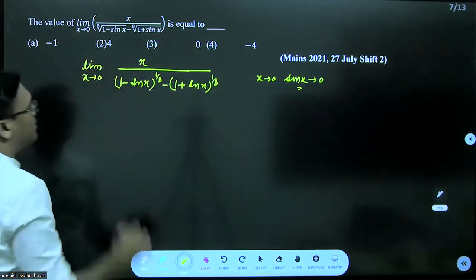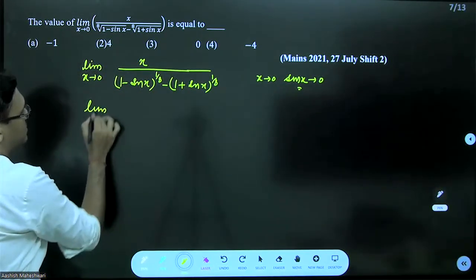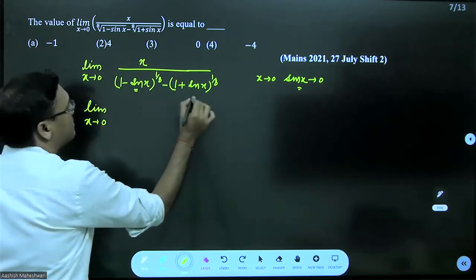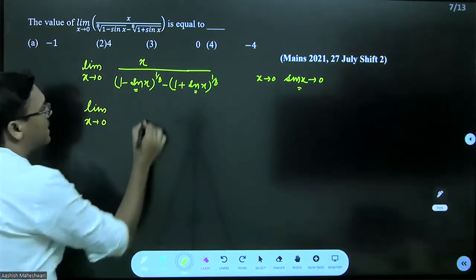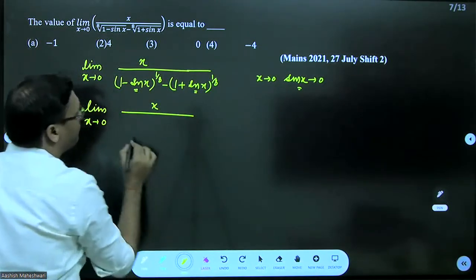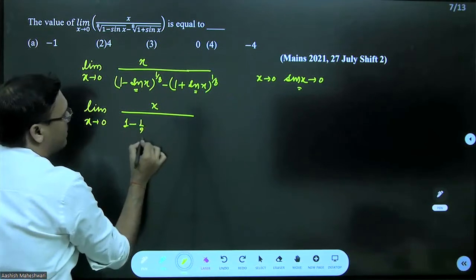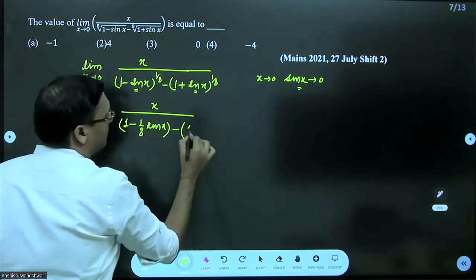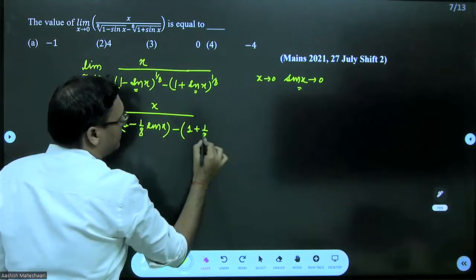Can we say this is limit x approaches 0? If x is a very small number, we know that sin x is a small number. So can I say this is x upon 1 minus 1/8 sin x minus 1 plus 1/8 sin x.